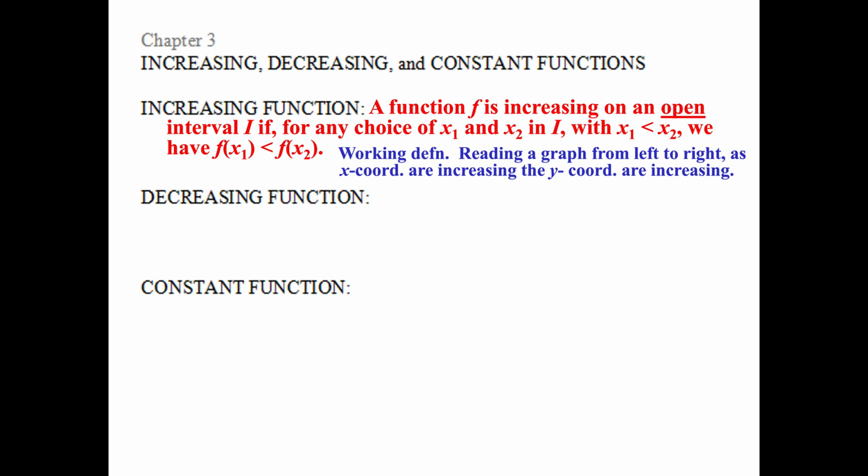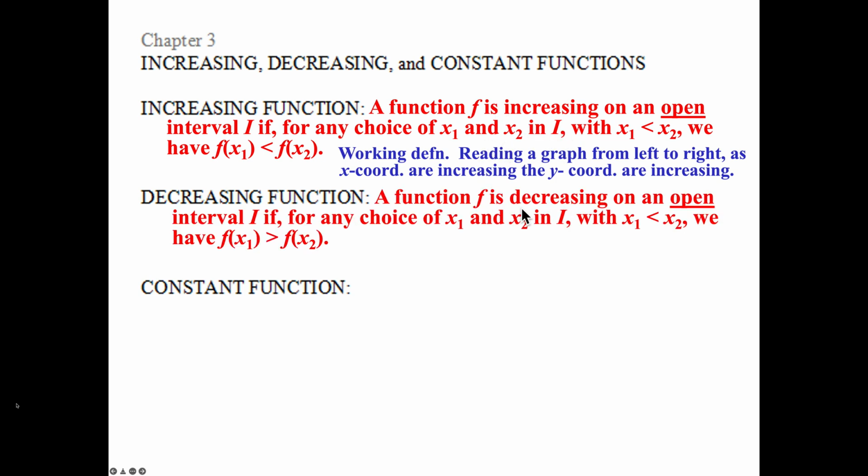And you're going to see a pattern in this working definition and why they're called increasing, decreasing, and constant functions. To be a decreasing function, what has to change now? In red, again, don't write down the red definition. Everything stays the same, holy cow, until we get to that inequality symbol right there. Now the y's change.